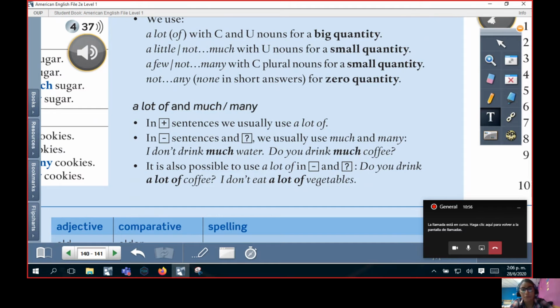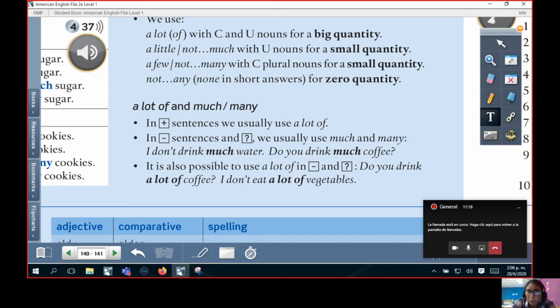And then we have the same question, do you drink much coffee? But then we have, do you drink a lot of coffee? For example, like me, I'm a coffee lover. I really love coffee. And if you want to be more polite, do you drink a lot of coffee? I don't eat a lot of vegetables.